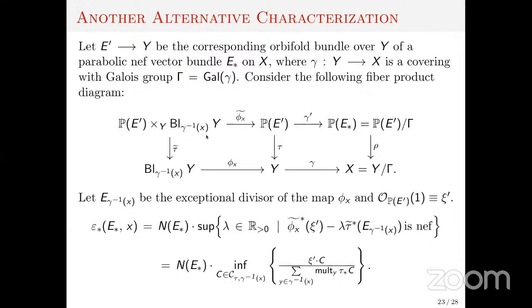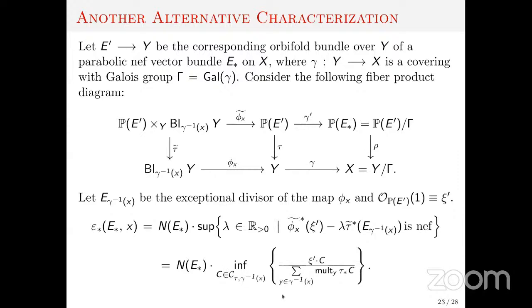We have not used this terminology, but you can think of this as the multi-point Seshadri constant of the vector bundle E prime, though there is no such notion in the literature. This supremum can be thought of as the multi-point Seshadri constant of E prime along gamma inverse of x. Note that gamma inverse of x, though it has cardinality at most mod gamma, the number of points may be less than mod gamma, precisely over the points of the divisor D.